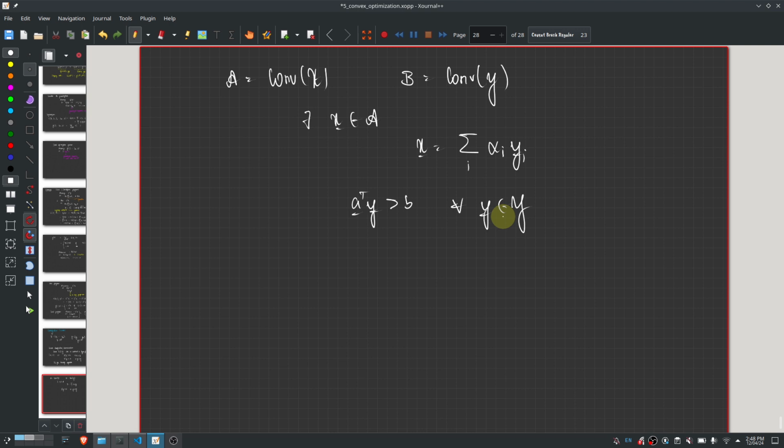Can you think about it in more generality? The intuition is right. The point which is closest to the hyperplane will negate the condition. But why is that true?